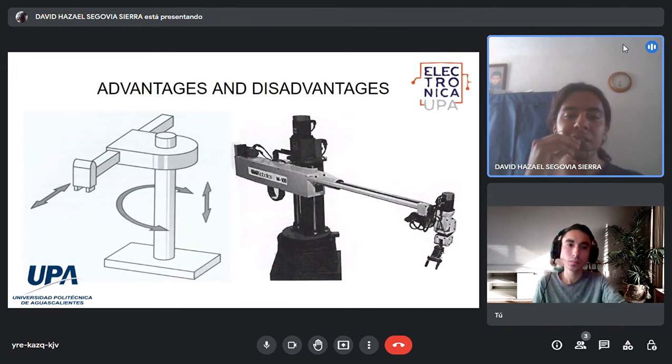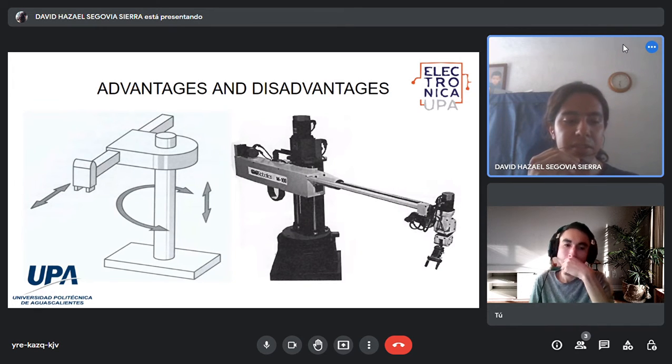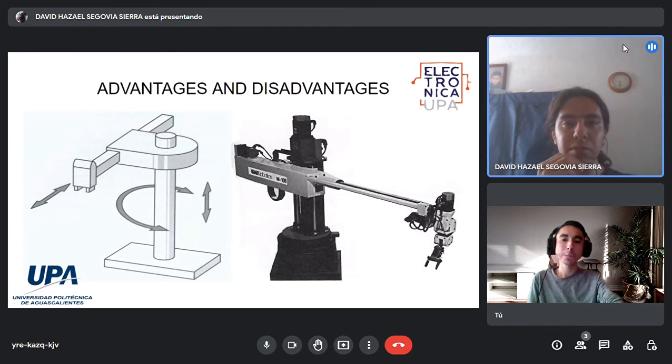The advantages and disadvantages of the cylindrical robots. The advantages are that they are easy to operate and install. They also need minimal assembly, and they have freedom of movement.